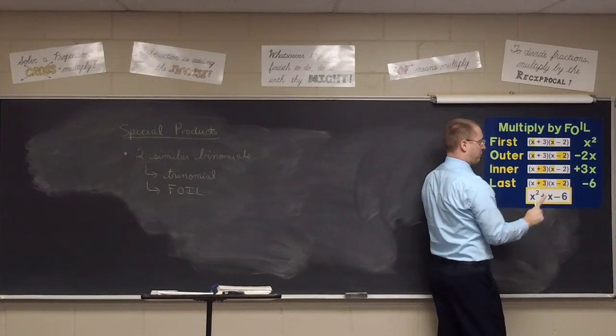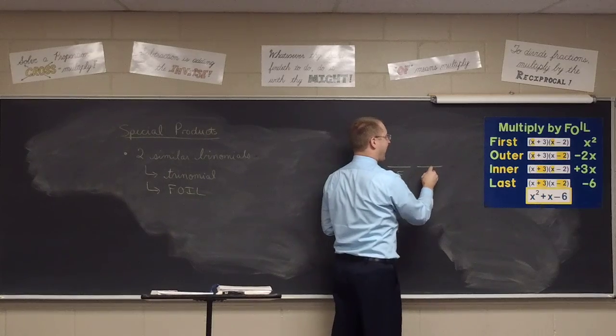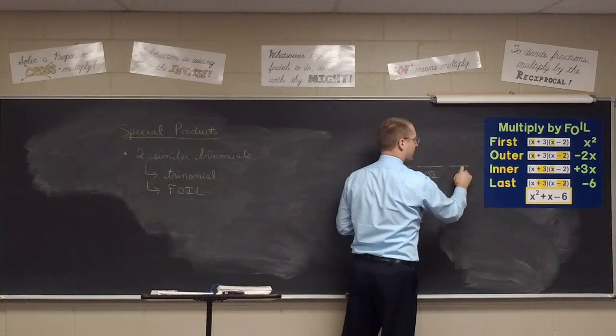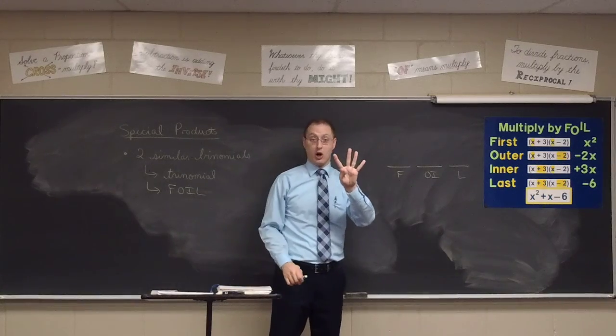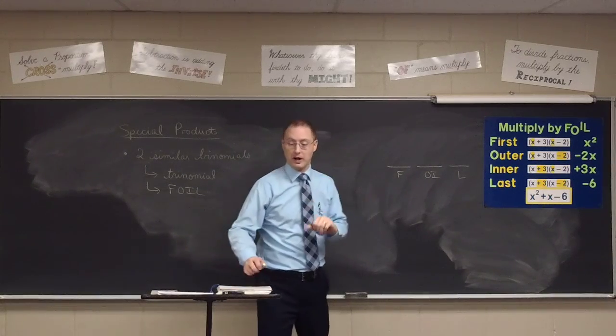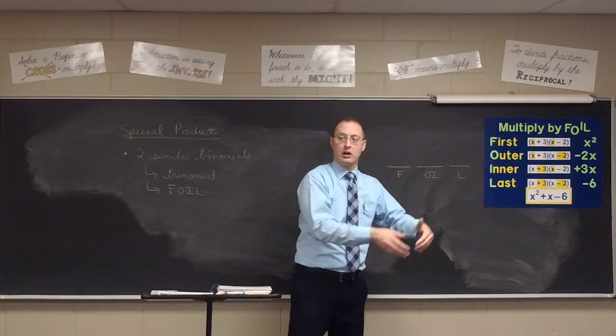As we work the problem, we're going to be thinking in terms of first, outer, inner, last. It sounds like there's 4 steps, and in a way there are. But when we write the answer, it's going to be your first, outer, inner, last.